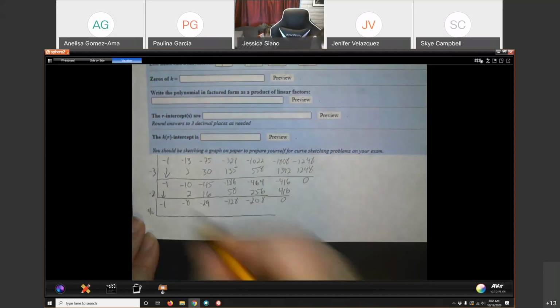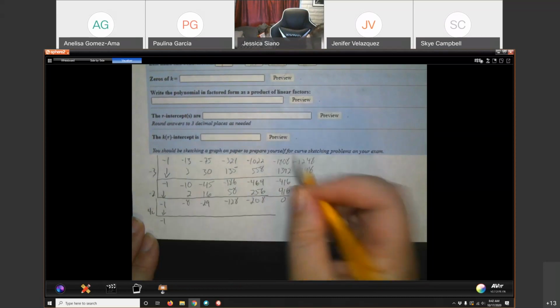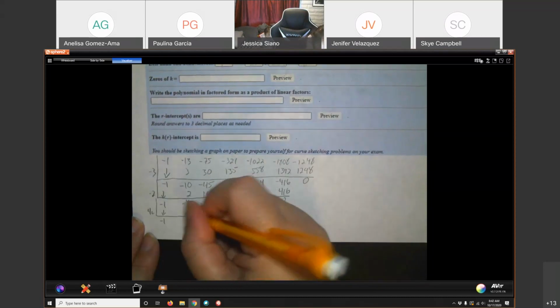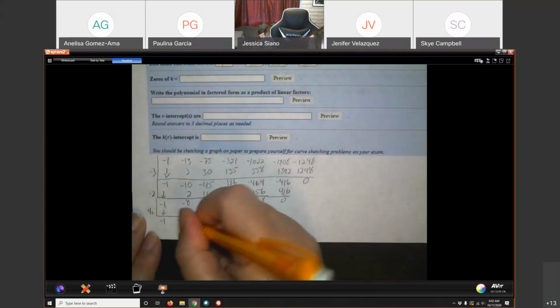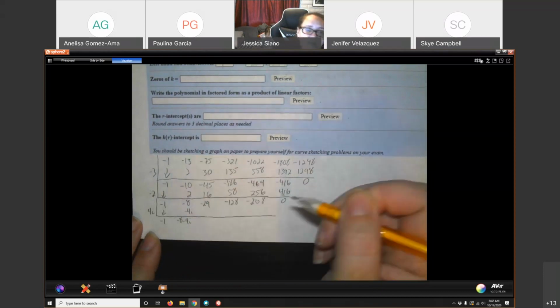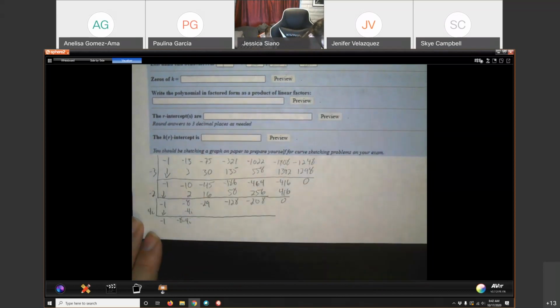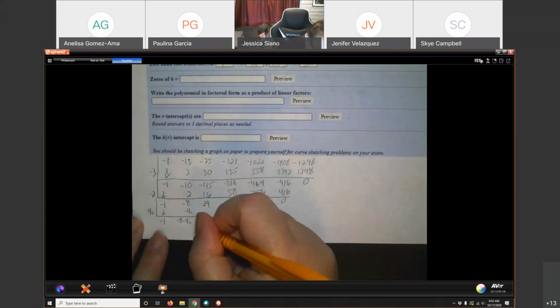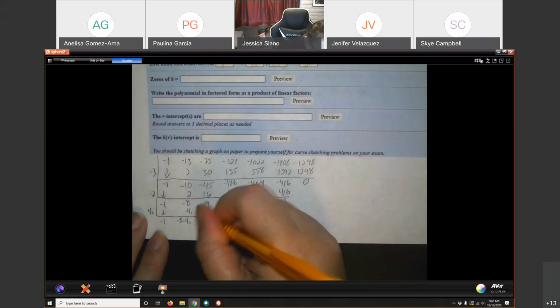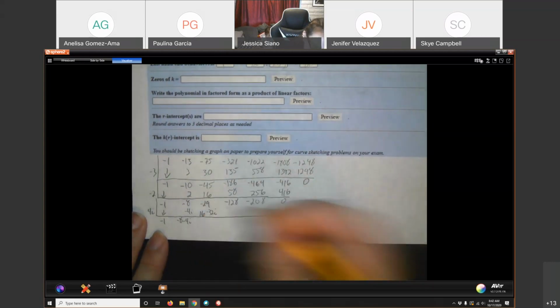Now let's do it with 4i. I might run out of room. Negative 1, so that's going to be a negative 4i. It's going to be negative 8 minus 4i. And then negative 8 4i times negative 8 minus 4i is 16 minus 32i.